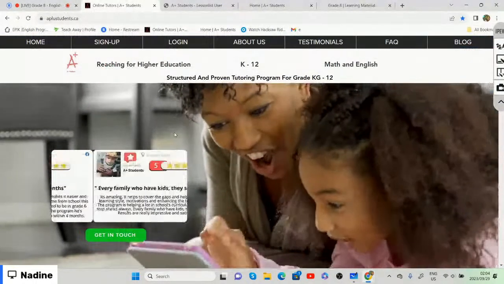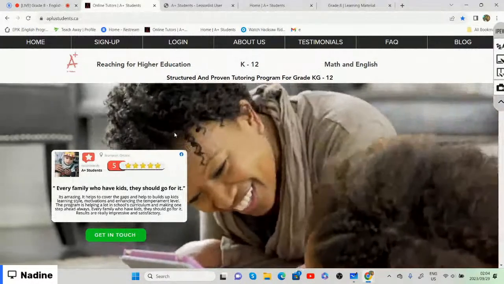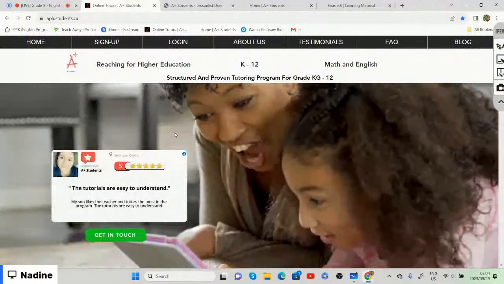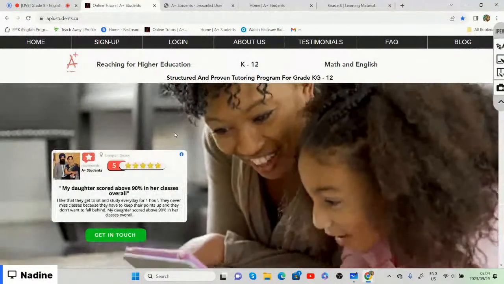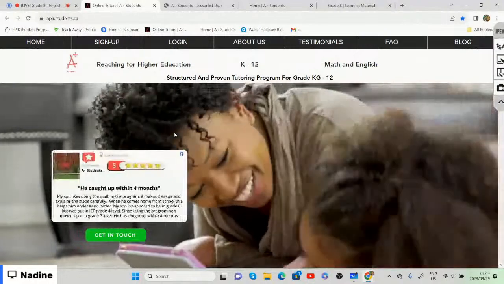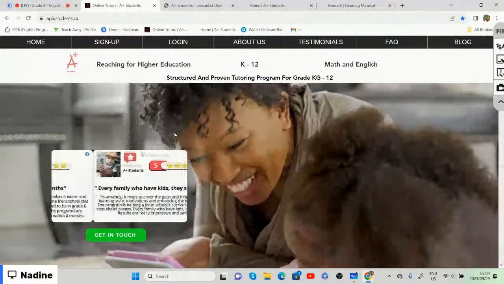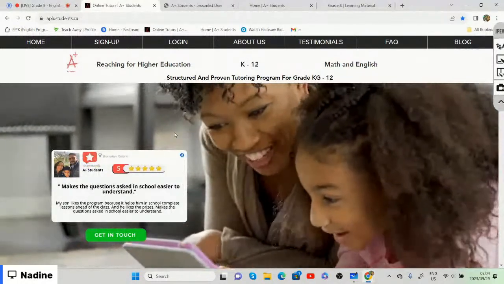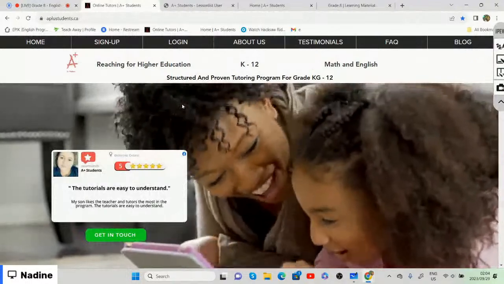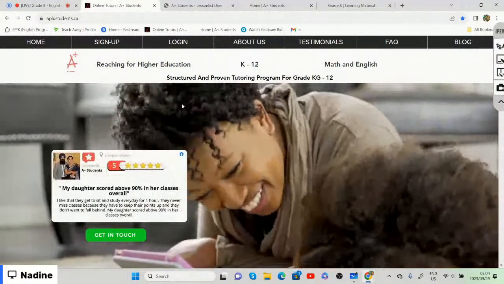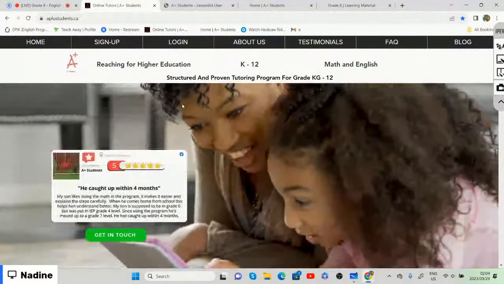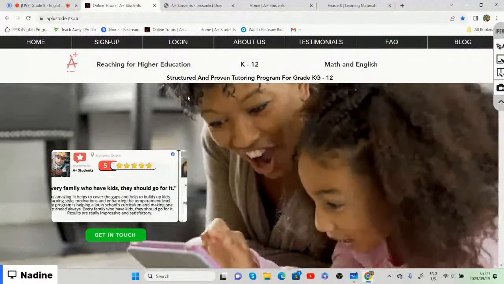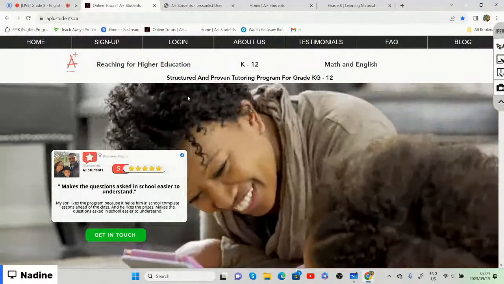You're going to log in with your username as well as your password, and then you're going to select the subject of language arts. And then we choose grade 8.